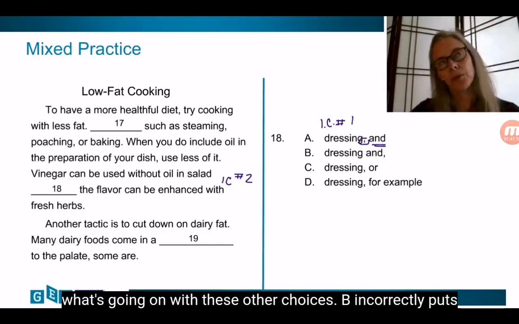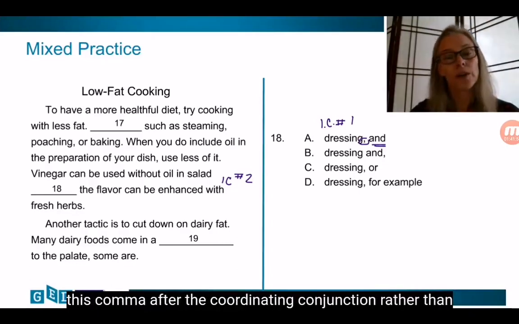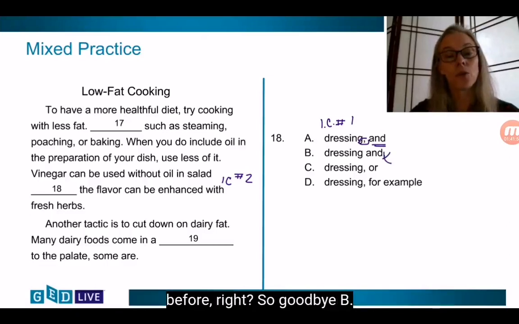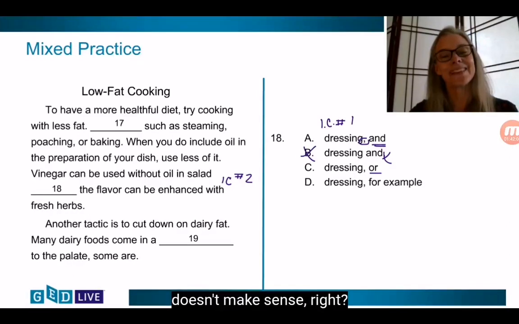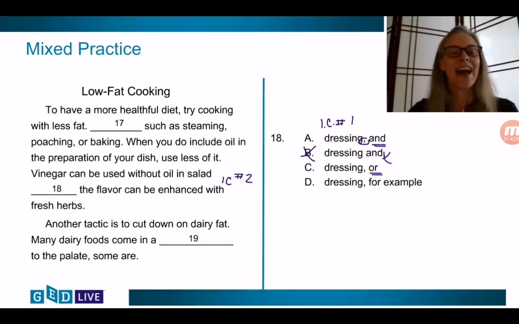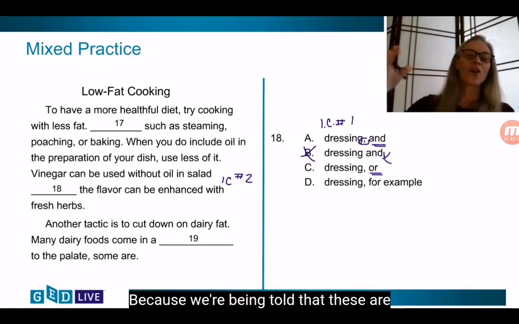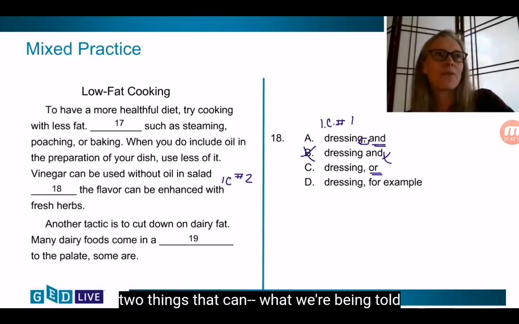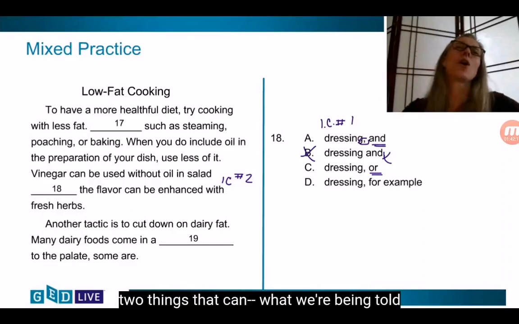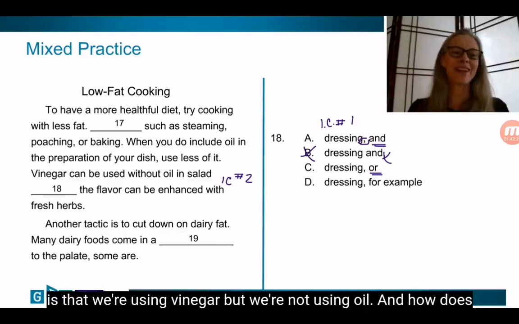B incorrectly puts the comma after the coordinating conjunction rather than before, right? So goodbye, B. C uses a coordinating conjunction that doesn't make sense, right? What we're being told is that we're using vinegar, but we're not using oil.